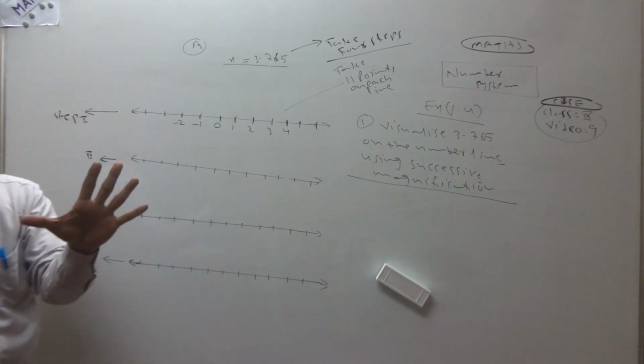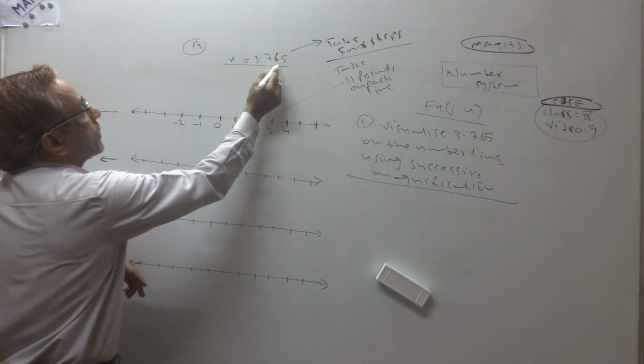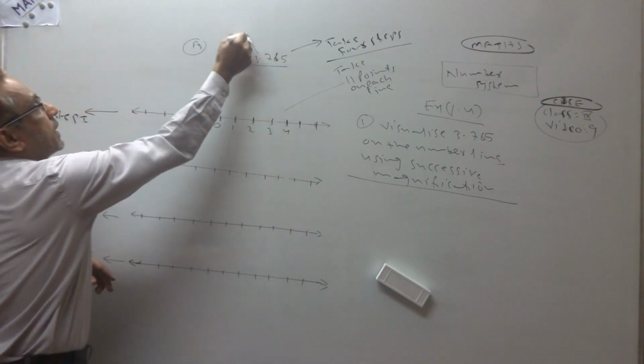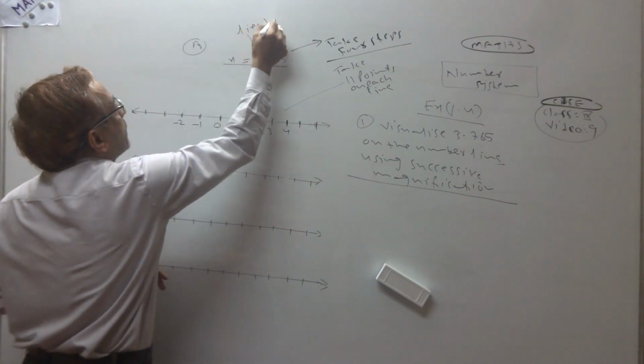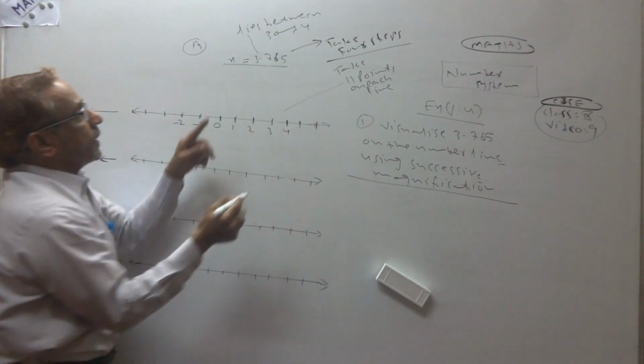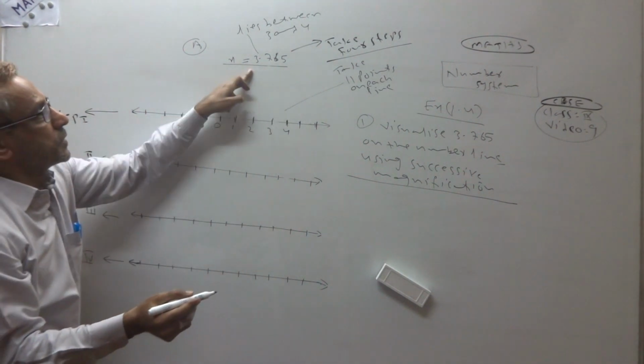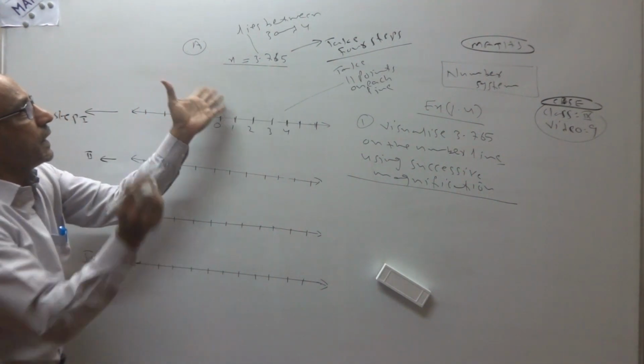Now you should decide where this 3.765 lies. It lies between 3 and 4.